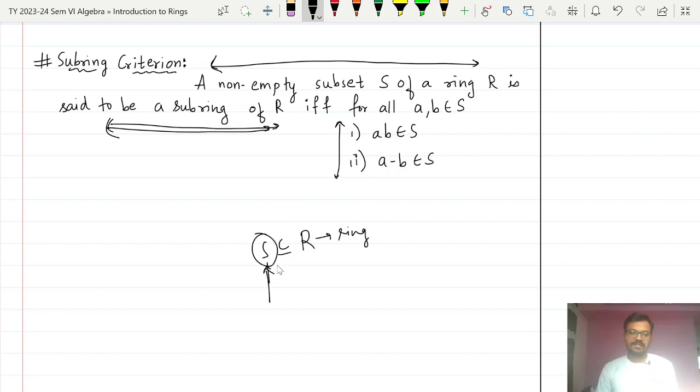If it is already said that S is a subset of R, then that's very good. Otherwise we need to prove S is a subset of R. So first of all we need to show S is non-empty and S is a subset of R, and then we have to prove that these two conditions hold for any two elements of S. And if we are able to show this, then we will say that S is actually a subring of R.